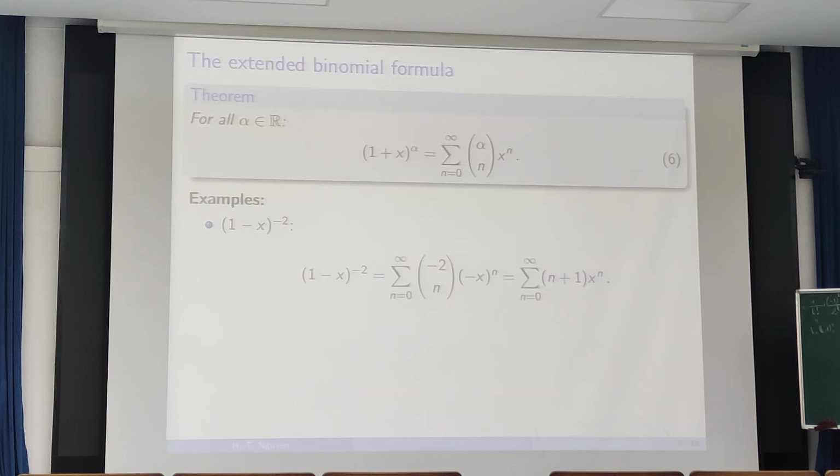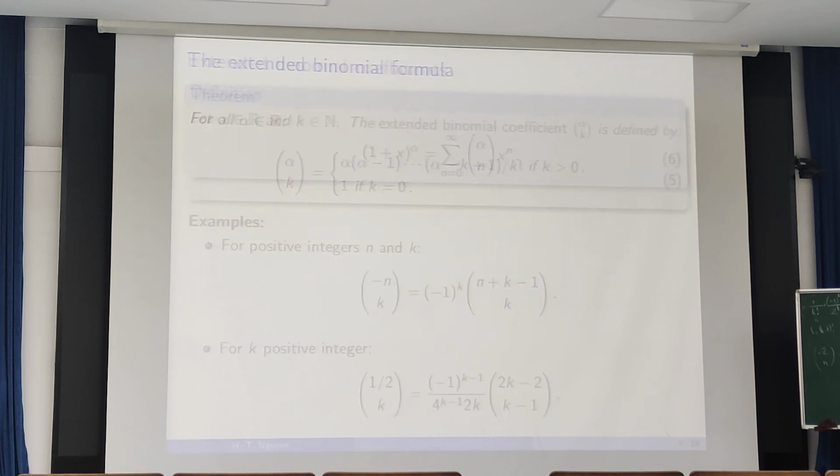So here you have, in fact, minus 2 choose n, which according to the previous slide is equal to minus 1 to the power n times, what was it, 2 plus n minus 1 choose n.